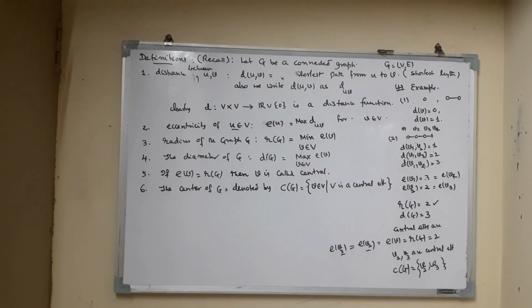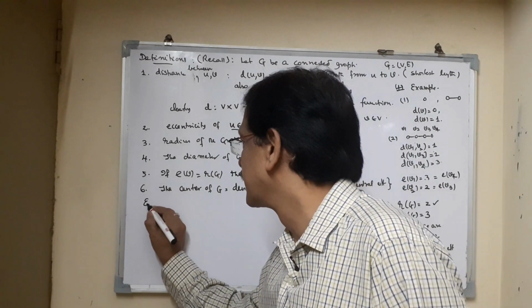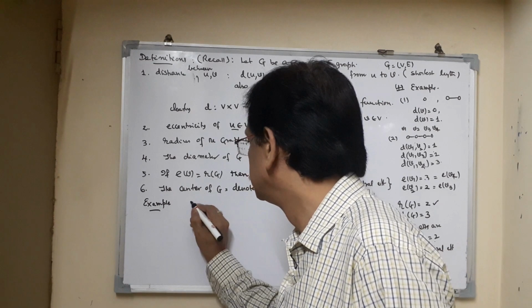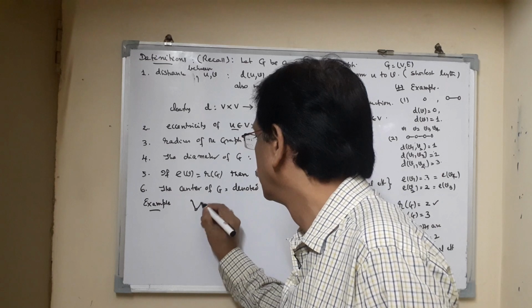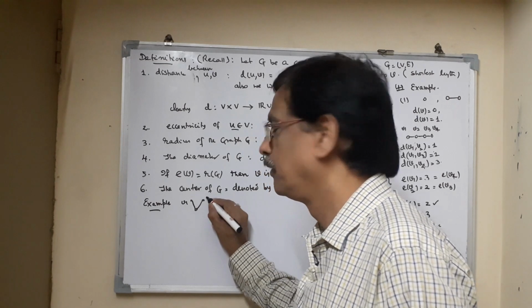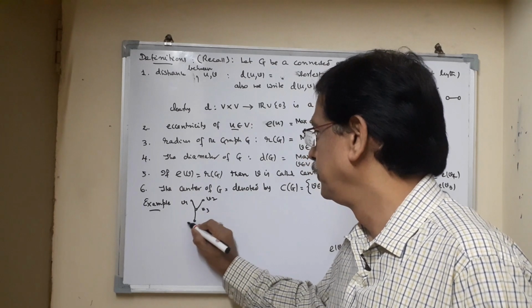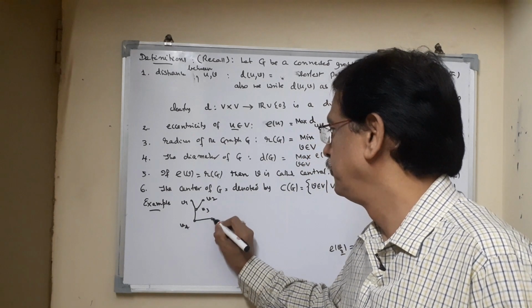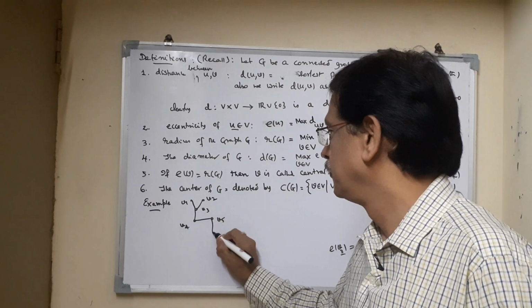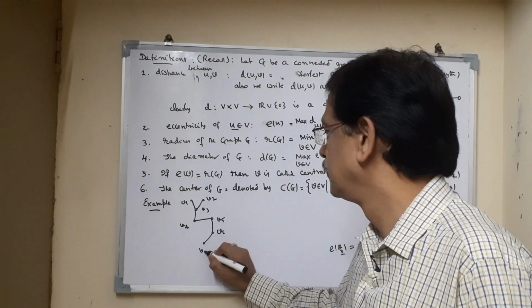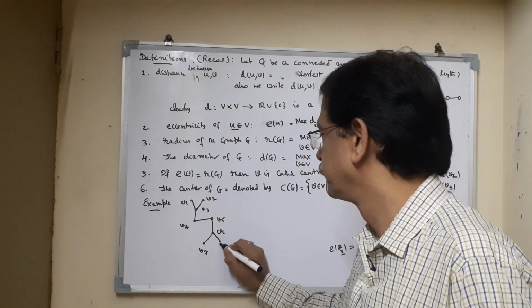Now, let us look at another example. V1, V2, V3, V4, V5, V6, V7, V8.